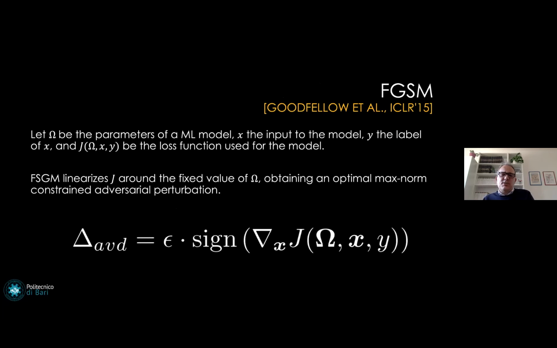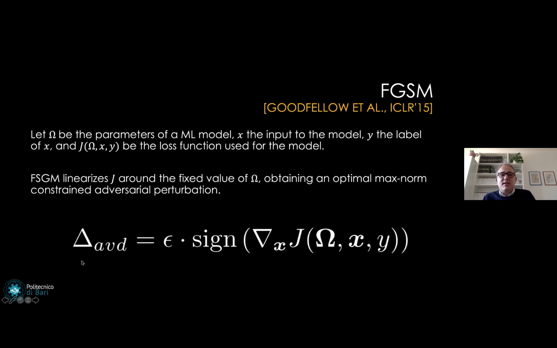Well, the point is to use the gradient, and in this case we linearize the loss function around the fixed value of omega, and then we get an optimal max norm constraint adversarial perturbation.